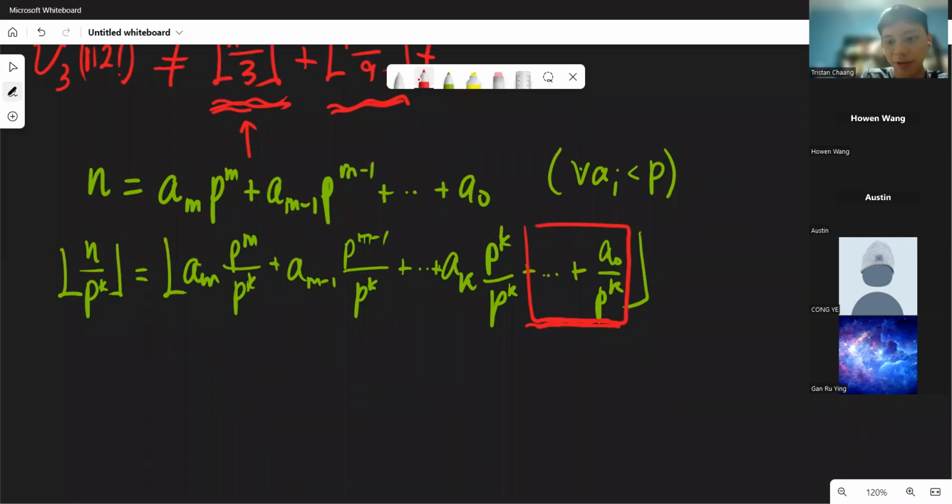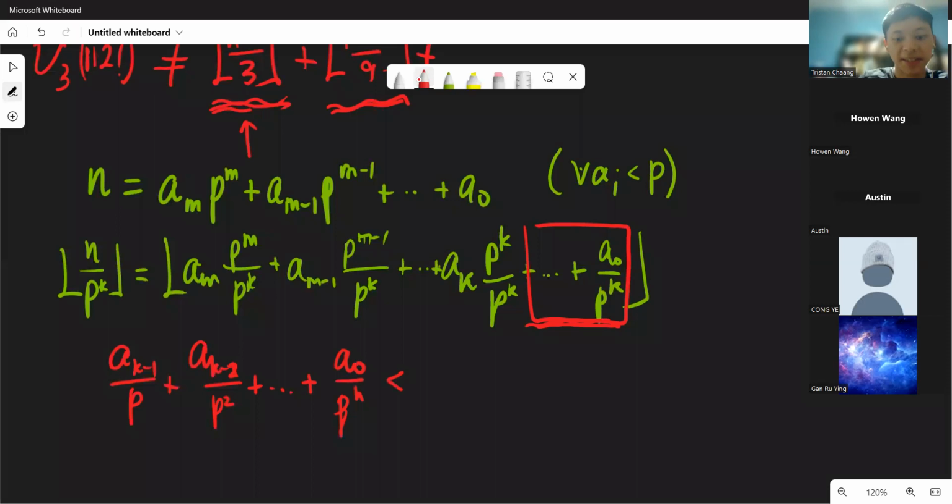So let's write this down concretely. a_(k-1) over p plus a_(k-2) over p squared plus blah blah blah until a_0 over p to the k.